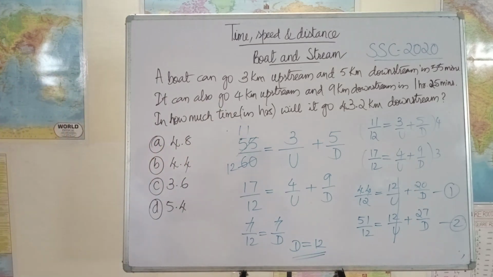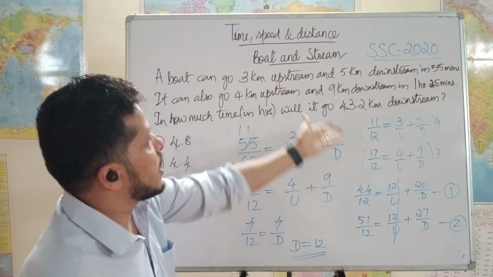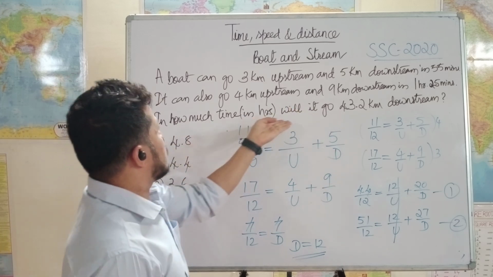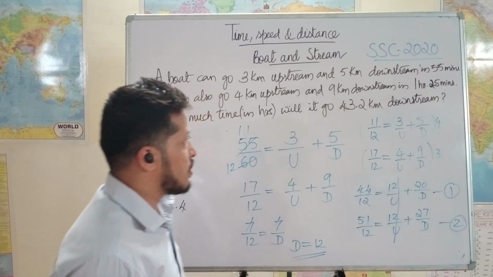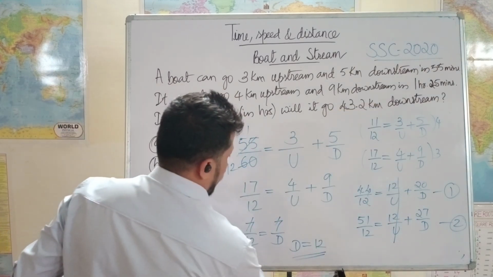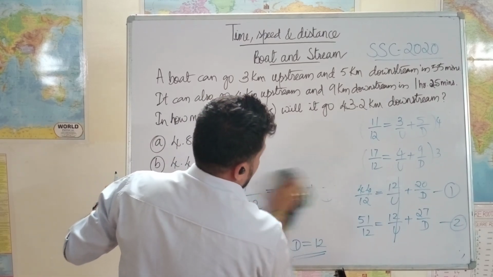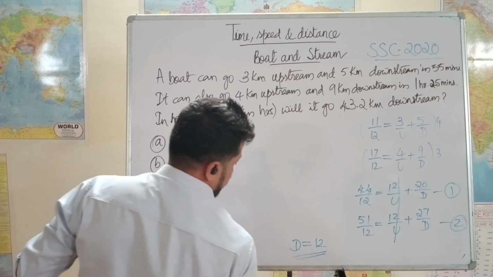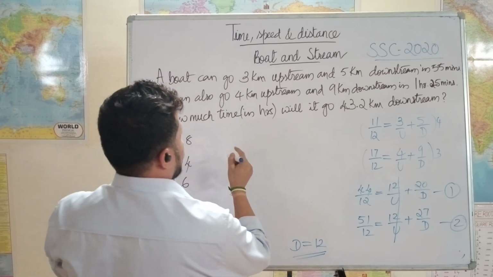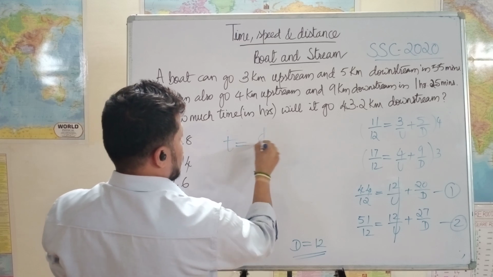Now if I have 12 as d, what do we need to find? How much time does it take to travel 43.2 kilometers downstream? We have d as 12, right? So the time is equal to distance by speed.